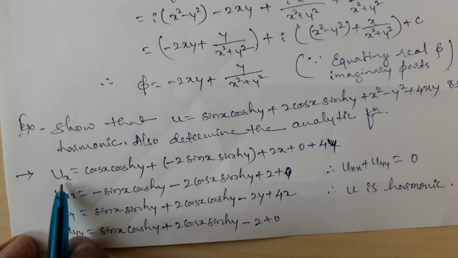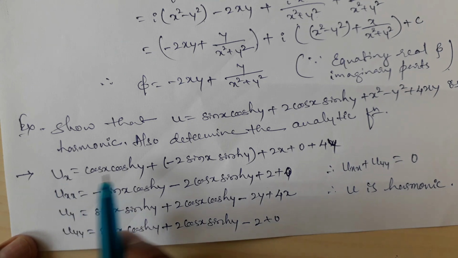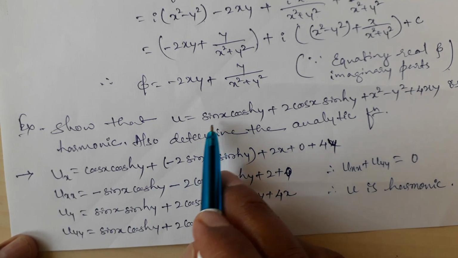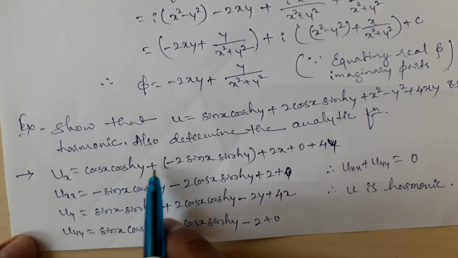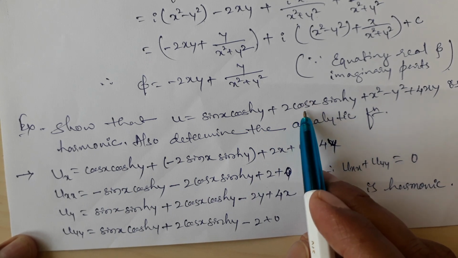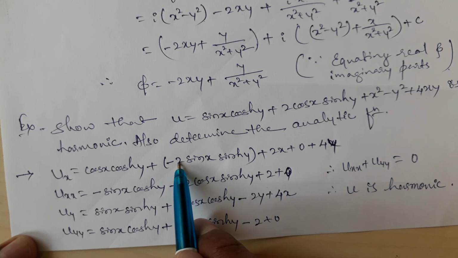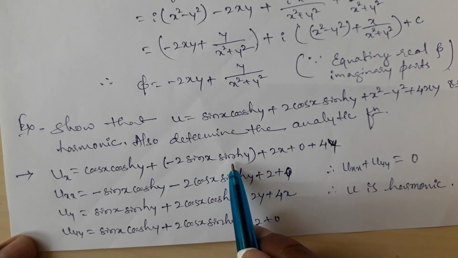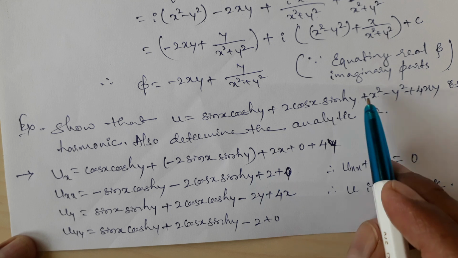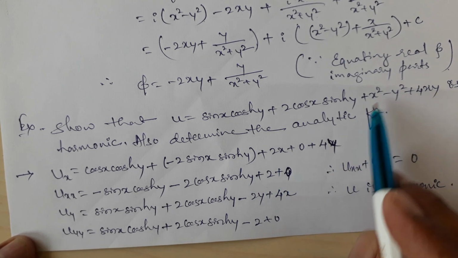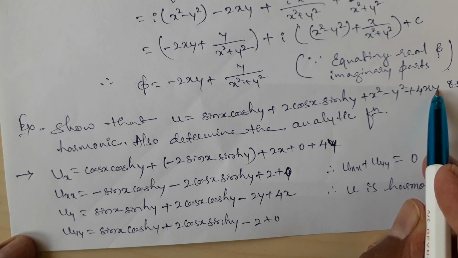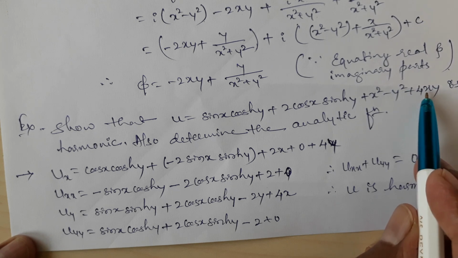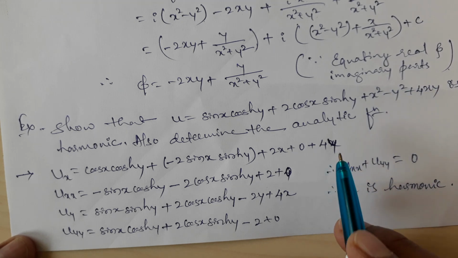Hence differentiation of ux: first differentiation of sin x is cos x and the y term, cos hyperbolic y, as it is, plus cos x is minus sin x, therefore minus 2 sin x sin hyperbolic y as it is, plus x square is 2x and this is 0, and 4xy, but the y term is treated as constant, 4y, x is 1, therefore 4y.